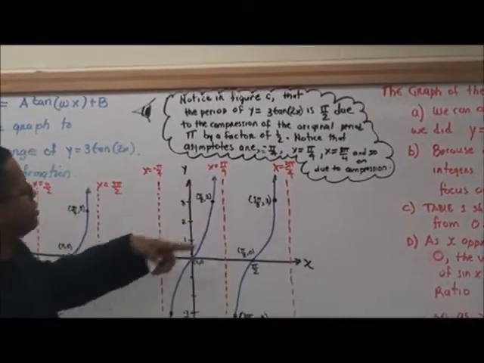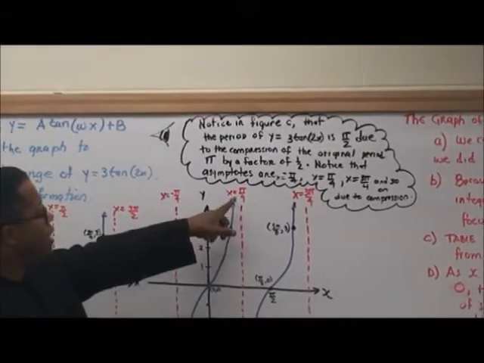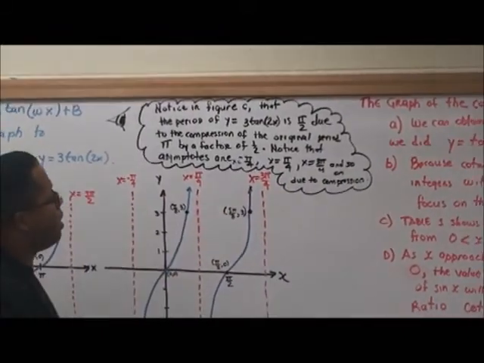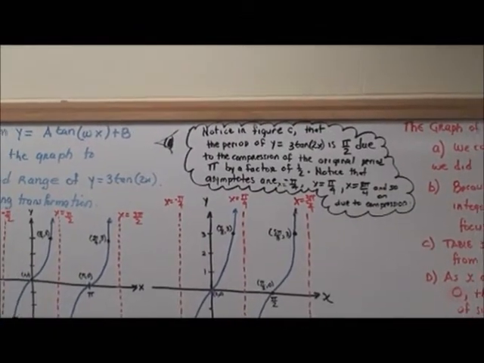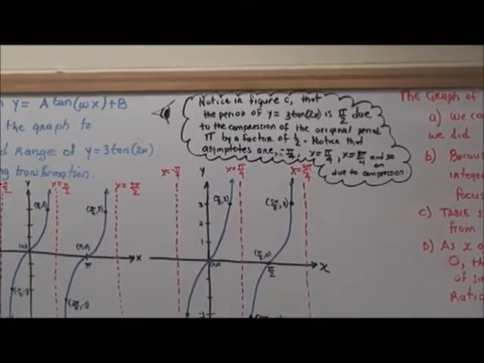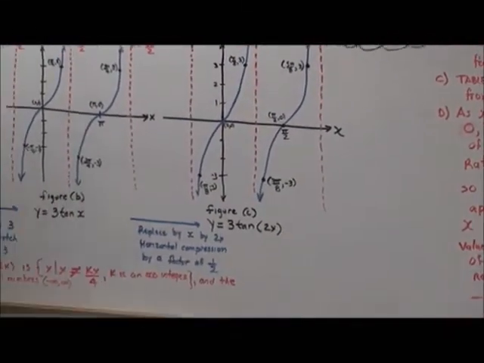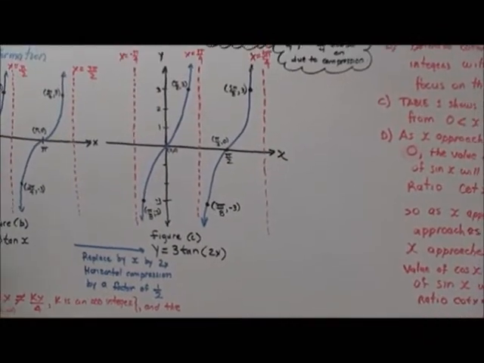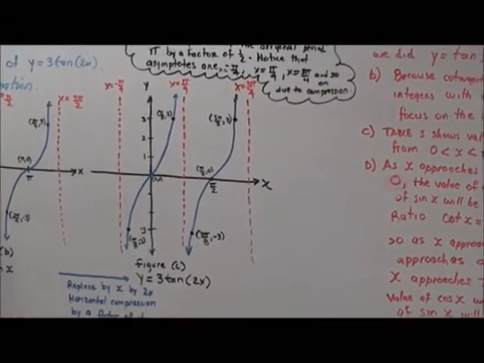And notice that the asymptotes are negative pi over 4, pi over 4, and 3 pi over 4, and so forth, due to the compression of this thing. Now, of course, I didn't want to neglect this graph. I just wanted to hit that point that after we looked at this, we see the magnitude stretch here.